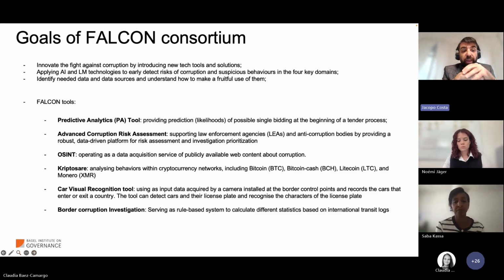CryptoSer is a tool for tracing transactions made with cryptocurrencies. Then there is a car visual recognition tool, which is useful for border corruption. It is a tool with a camera that can recognize, for example, the car license plate and collect other critical and important information.